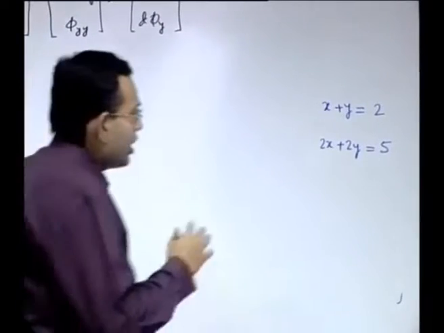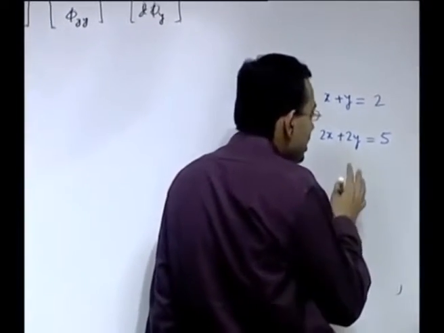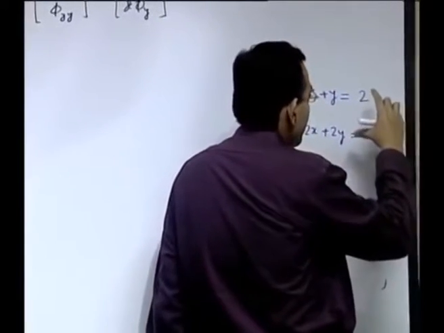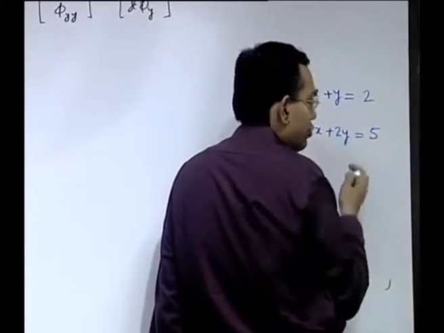So, how can we assess that the solution does not exist in a more formal way? Here of course by visual inspection we can do that, but this visual inspection gives us a clue. What kind of clue?